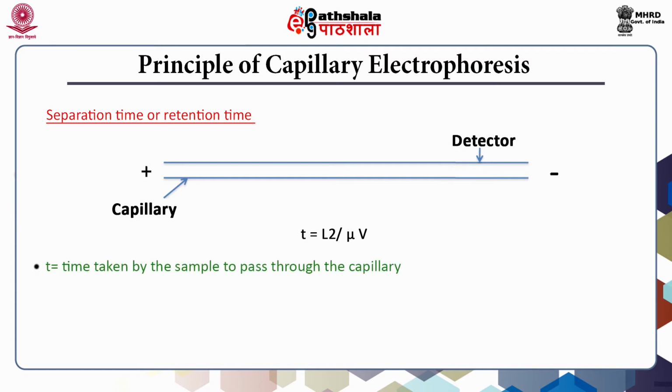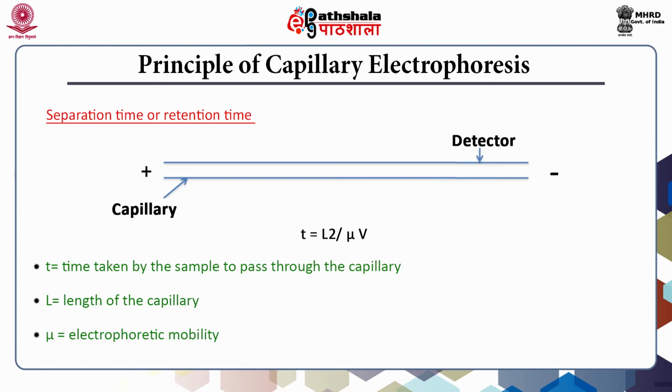Time taken for one sample to pass through capillary tube is given by the equation T = L² / (μV), where L is the length of tube, μ is the electrophoretic mobility and V is the applied voltage.